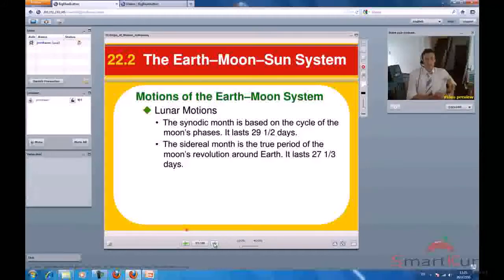And it takes 24 hours to realign with the sun and go back to being midnight. But when you talk about aligning with the distant stars, that only takes 23 hours and 56 minutes.